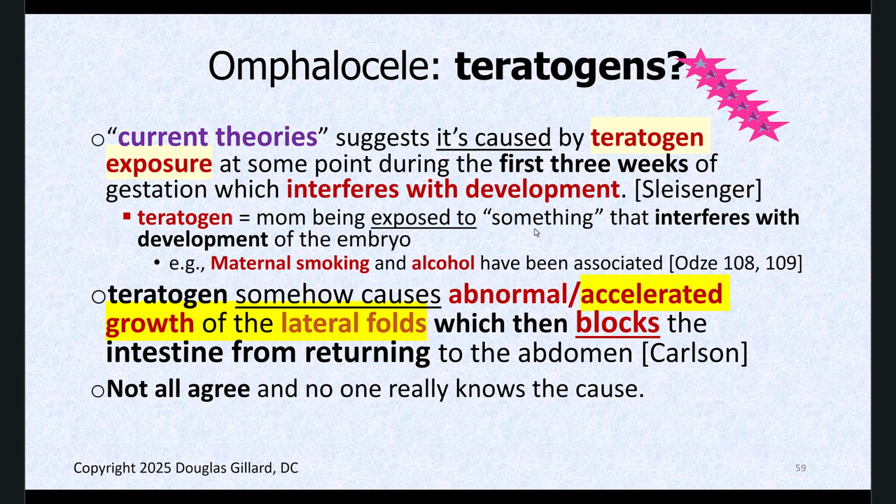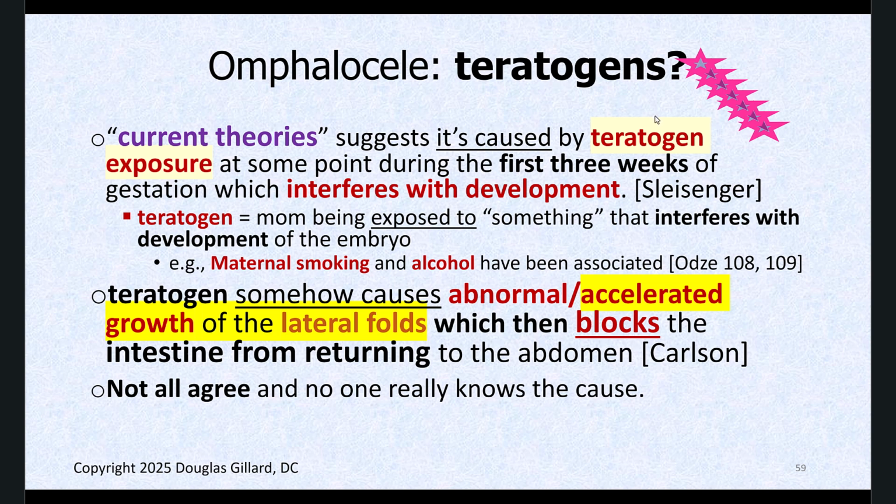Another possible theory, going back to cause: teratogens. So current theories ask, what causes the lateral folds to overgrow? We know the probable cause is overgrowth of the lateral folds, but what causes them to grow too much?